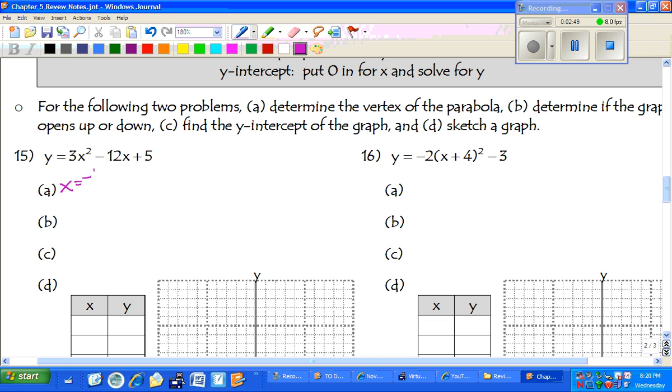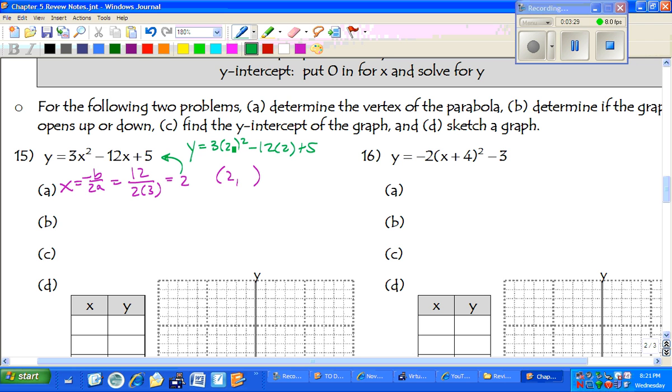Remember, the x-coordinate is opposite of b over 2a. b is negative 12, so opposite of that would be positive 12 over 2 times 3. Right, a is 3. So 12 divided by 6, we get 2 for our x value. But that's just our x. We need to know what y is also. To find out what y is, we just substitute 2 into the equation for x. So y equals 3 times 2 squared minus 12 times 2 plus 5.